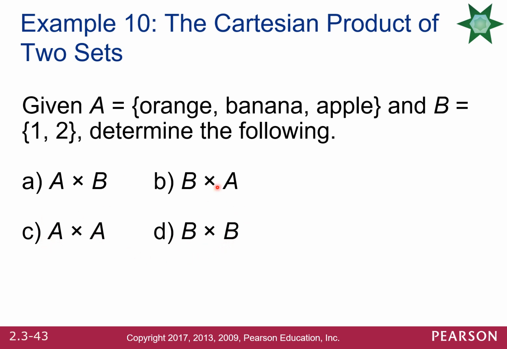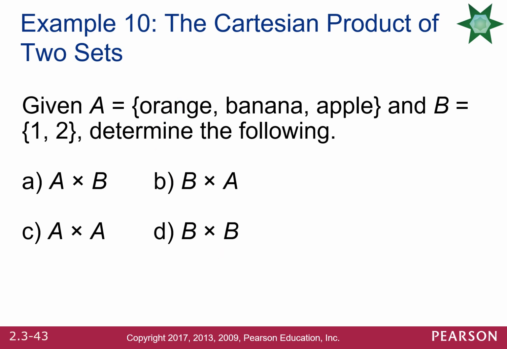So we are going to go through this exercise, A cross B first, and list the ordered pairs. So recall what we have to do is take each element in A and combine it with all elements in set B. Right, then we are going to move through all the elements in set A in this way. So we'll start with orange.